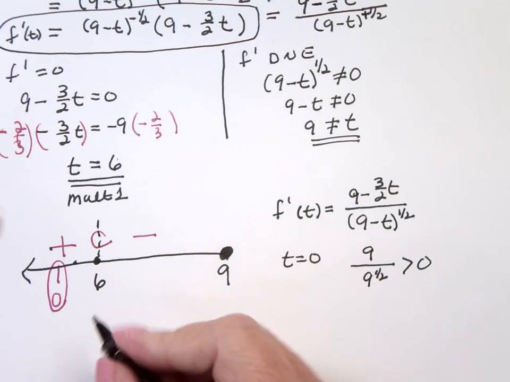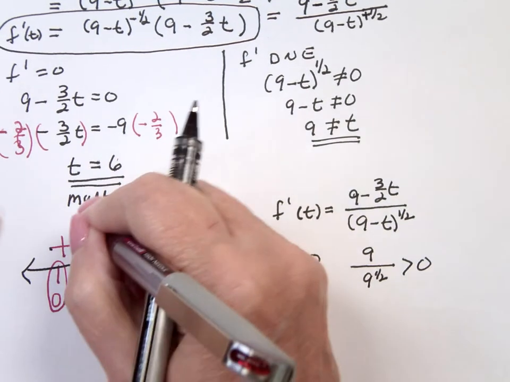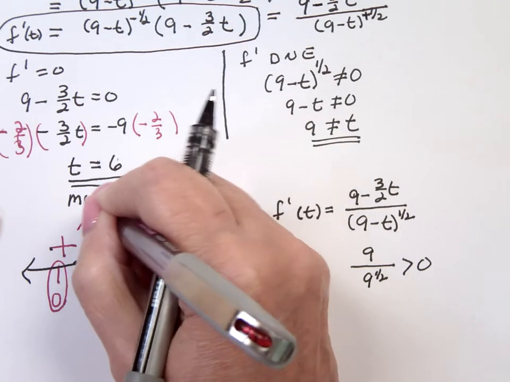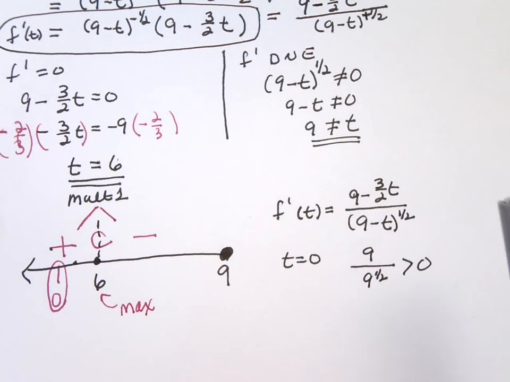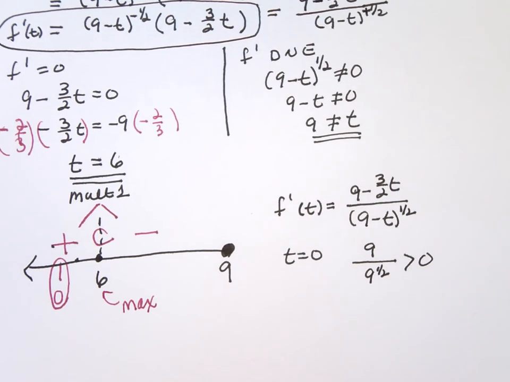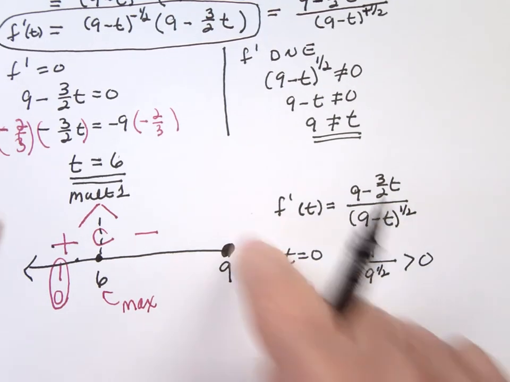So that now says I have an increasing followed by decreasing. There's a max at 6. And nothing at 9, because I don't have any way of getting across to the other side.